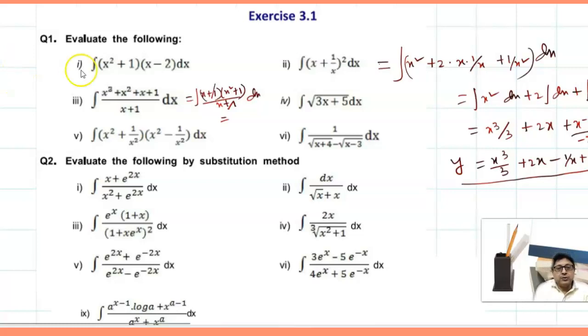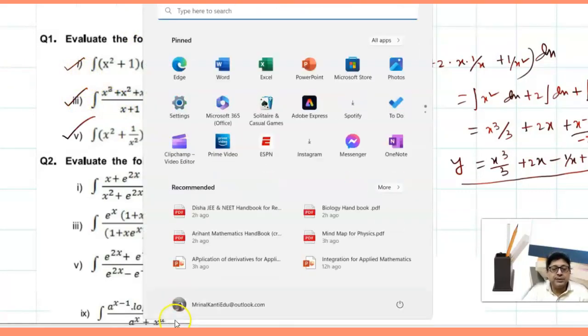Number 5 also you will be doing without substitution. You just open the bracket and then integrate term by term. But when you are doing number 4 and 6, I have some suggestion for you. You can go by substitution or you can go without substitution. It's up to you.